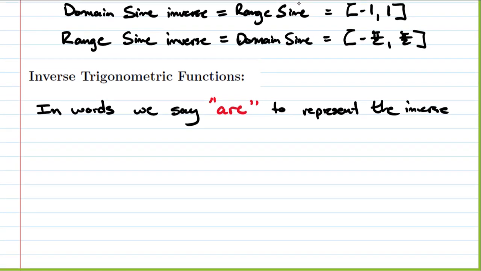So, for example, if we said the arc sine of x, this is the inverse sine.